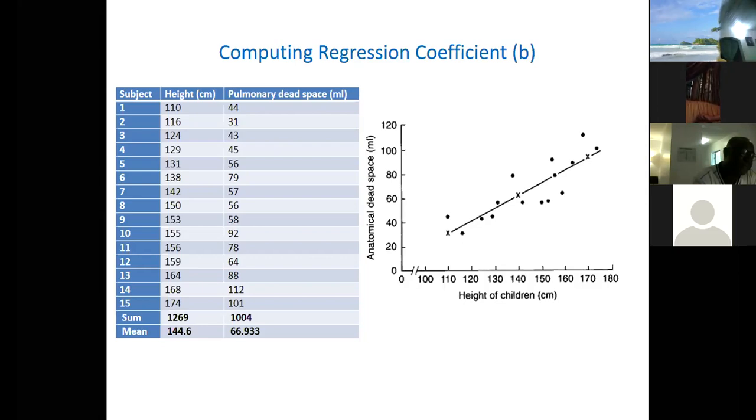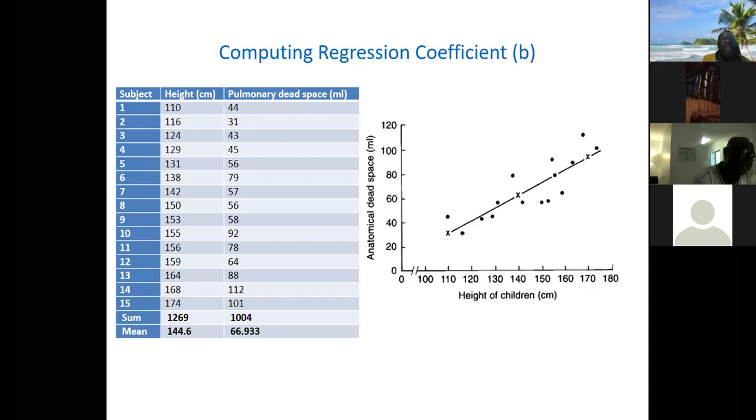Nobody has got it? I got 31.23 too. So that's 31.23. For that height, the person is 110 centimeters, and the model has predicted the pulmonary dead space to be 31.23.